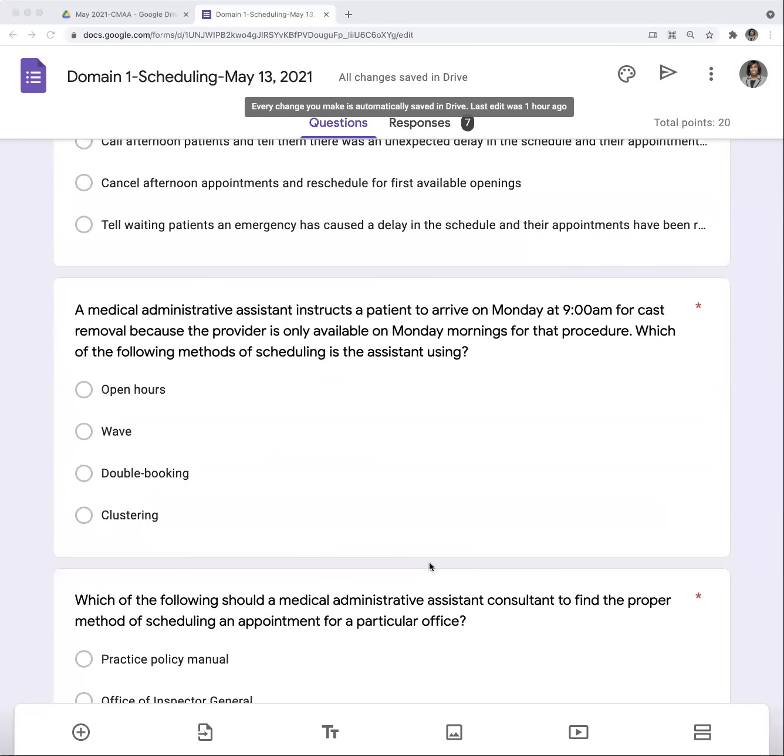MAA instructs a patient to arrive at 9 a.m. for a cast removal because that's the only time we do them.